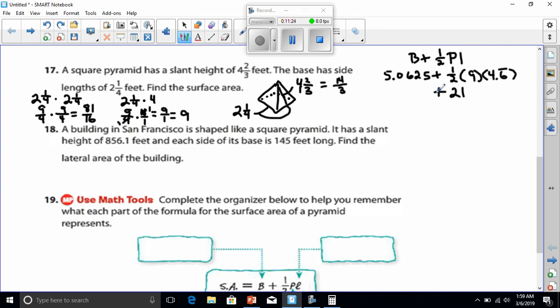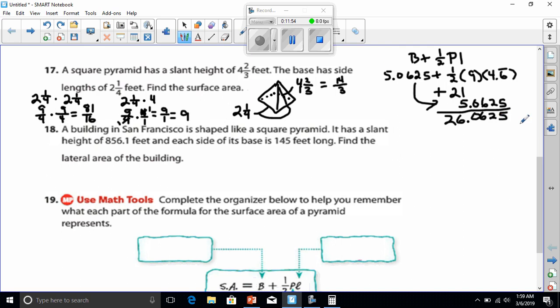And we're going to have to add 21 to 5.0625. So I guess I could just put this over here, line up my decimals. And now I'm ready to add. This would be 26.0625.